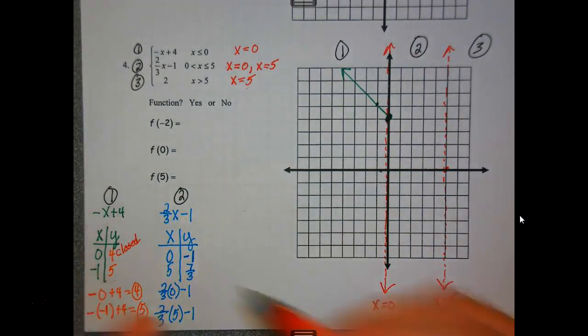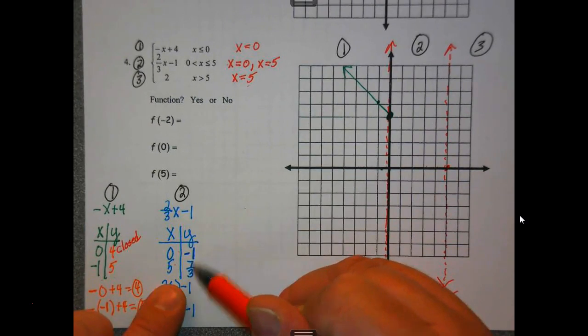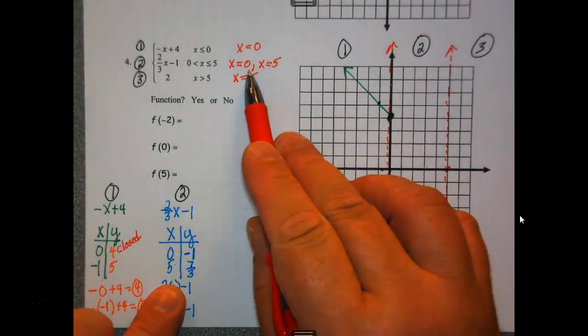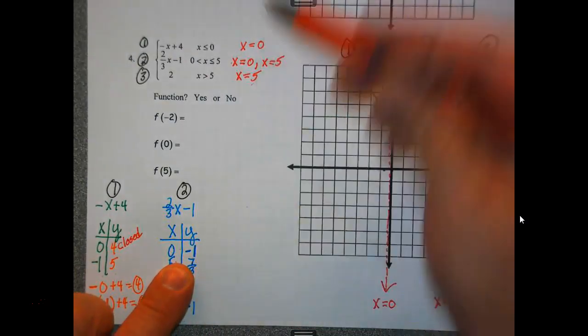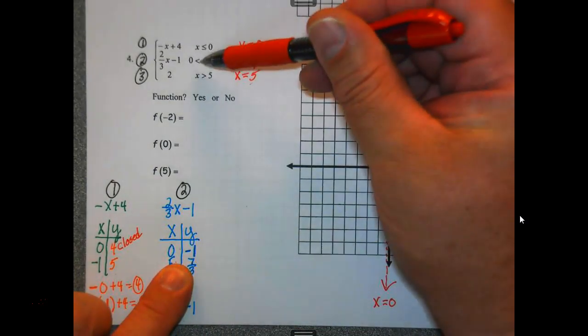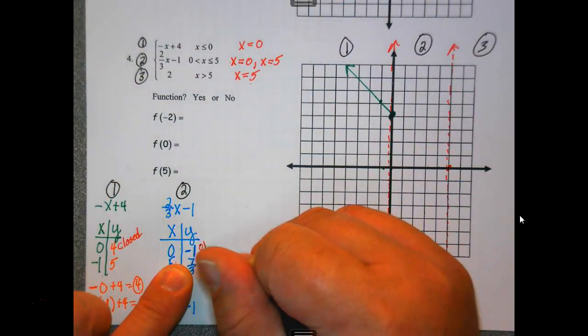These critical points here, 0, -1 and 5, both are critical points because I have 0 and 5. So let's see what's happening with each one. At my 0, there is no equal sign. This is going to be an open circle.